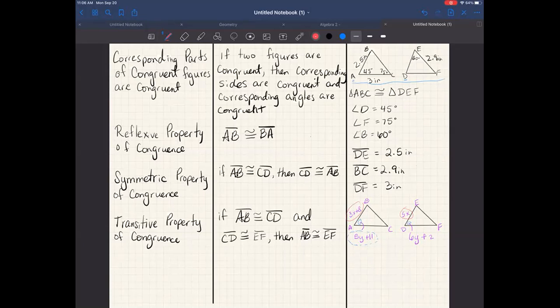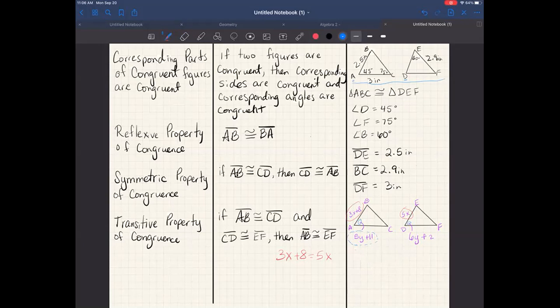So the point is that we're saying AB is congruent to DE. If they're congruent, it means that these sides are the same. So I can write 3x plus 8 equals 5x. Can you guys see that? Okay, I'm going to rewrite it over here because I wrote it too big, and I need space for my other problem, which is with the angles.